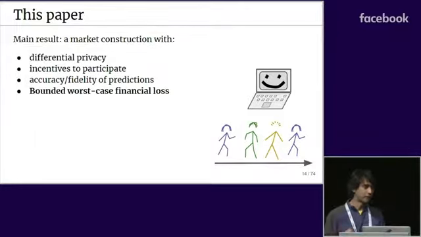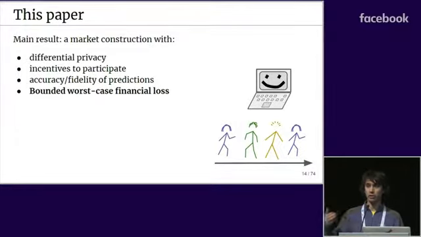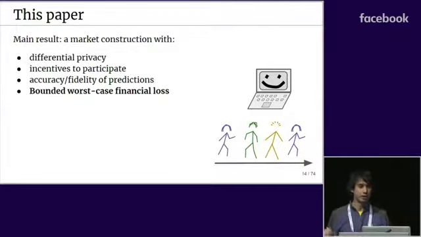First, differential privacy for the participants, the information they're providing or the choices they make. Second, the incentive to participate: if the predictions of the current algorithm are off by some amount, then there's an opportunity to make money by correcting those predictions. Third, accuracy or fidelity, by which I just mean that the noise you add to preserve privacy doesn't distort your predictions too much.